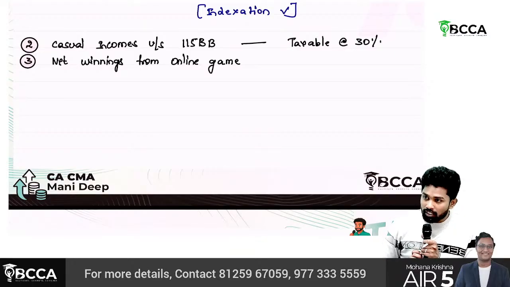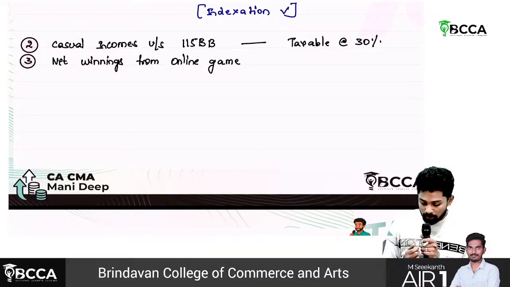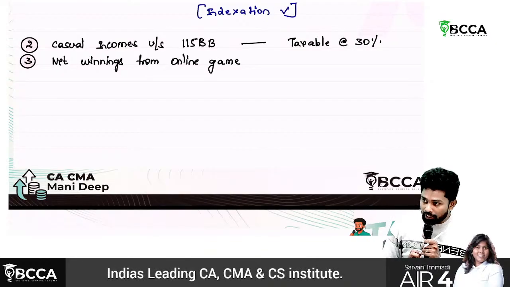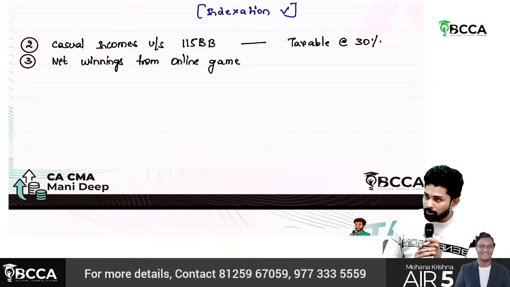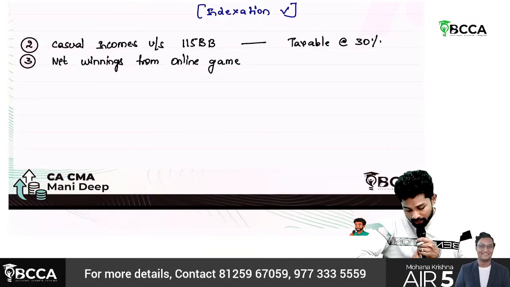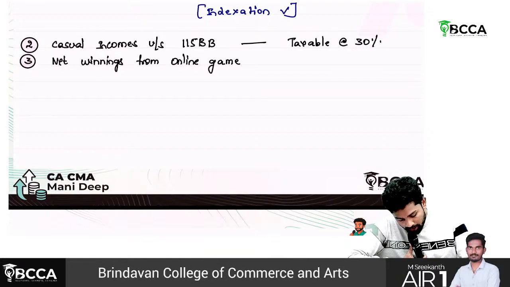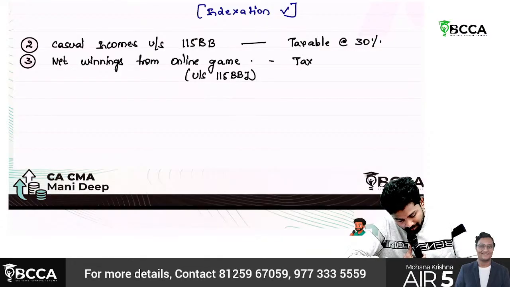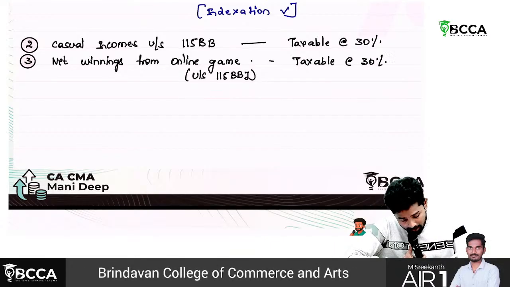But if you get winnings from Dream 11, then it is legal. Dream 11 is different. The other cricket bettings are different. Net winnings from online games under section 115BBJ. Taxable again at a flat 30%.